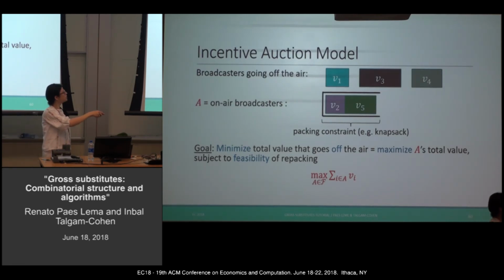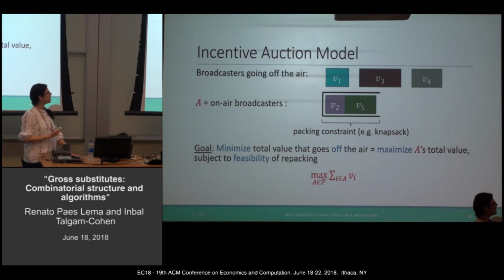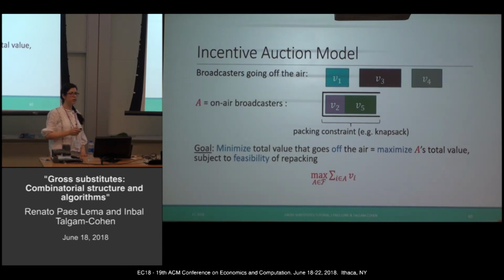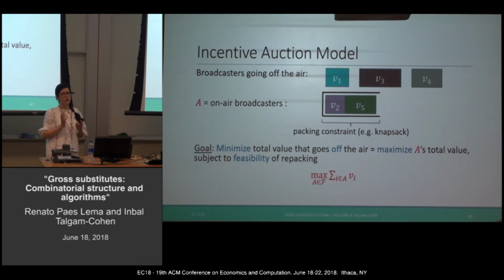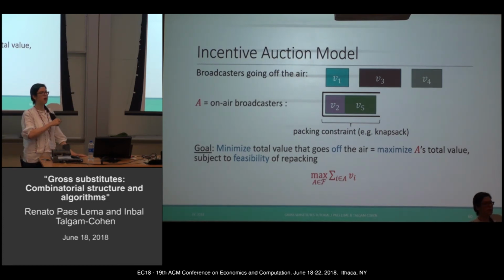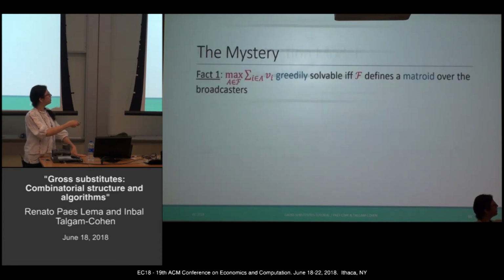Our goal is to minimize the total value that goes off the air, or equivalently to maximize the total value staying on the air, subject to this feasibility constraint. This is the model. This is a really complicated auction, so I'm simplifying a little bit, but really this is the heart of the problem.